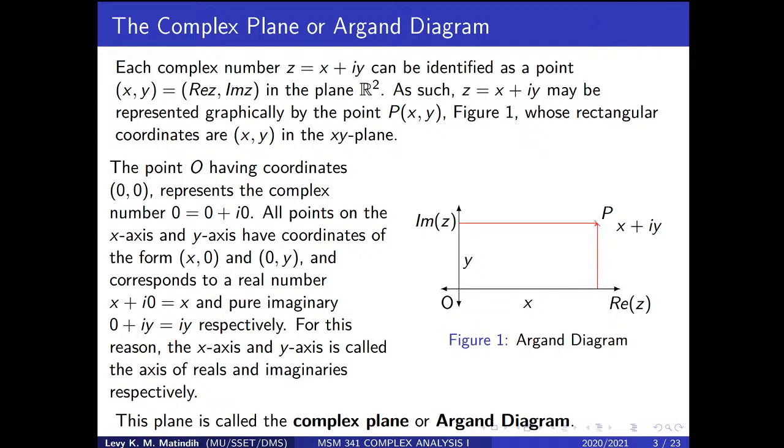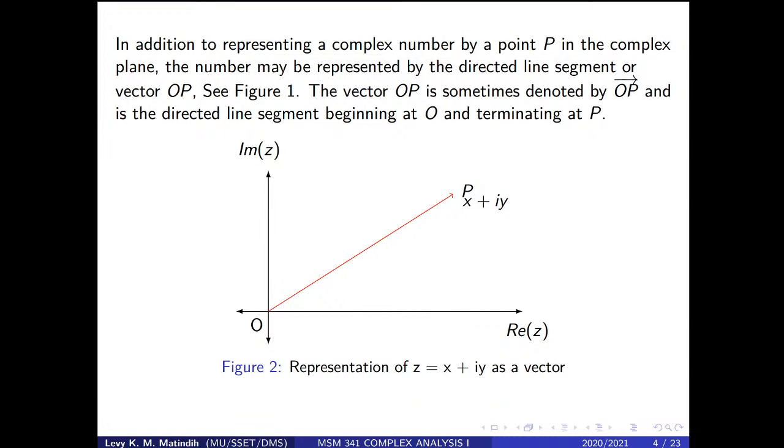So we can draw a line from the origin to where this point P, which is representing this complex number, is. So apart from representing a given complex number as a point, we can also represent it as a vector from the origin. This vector OP also represents the given complex number with this directed line segment.